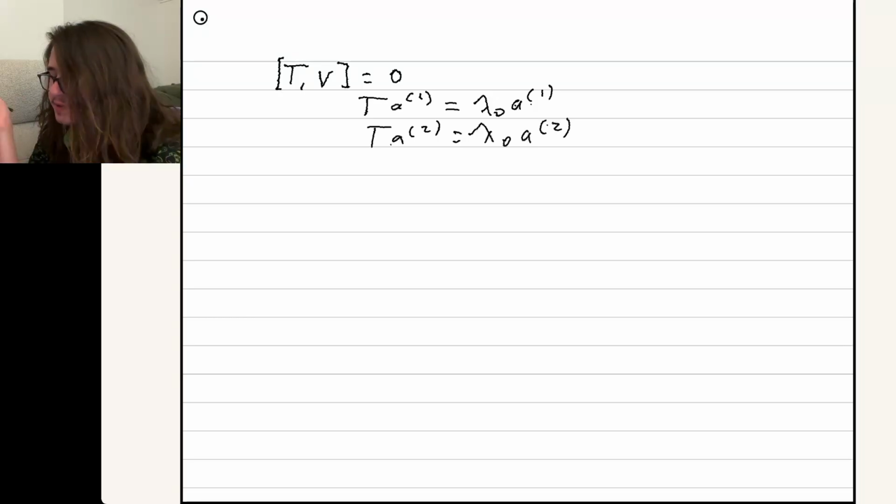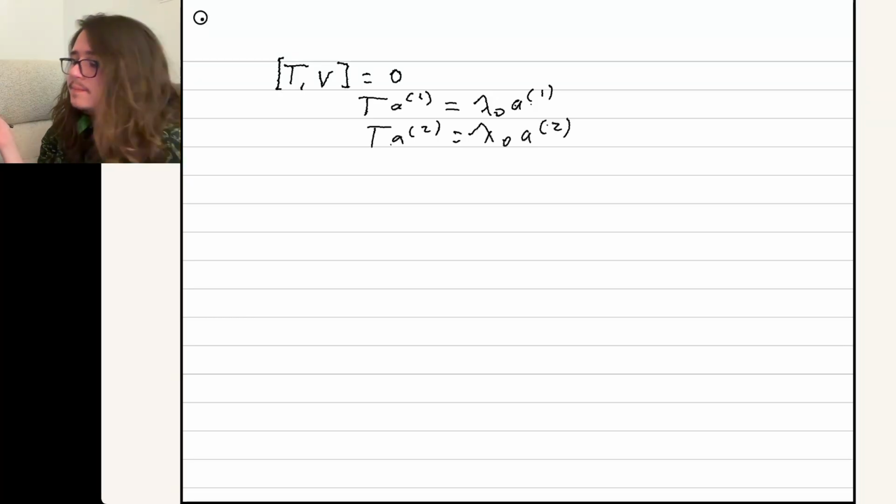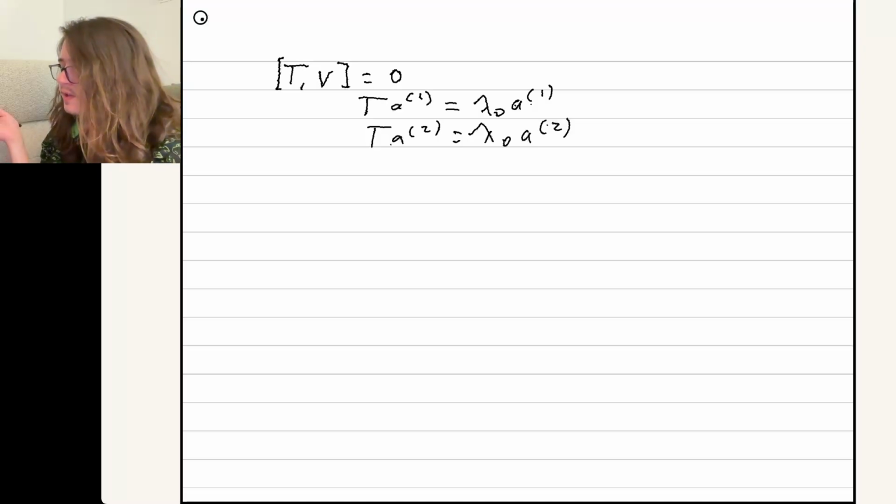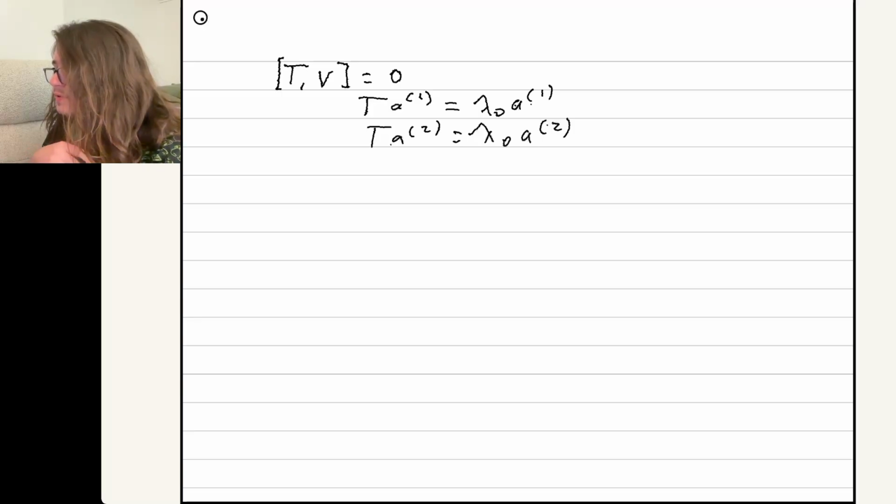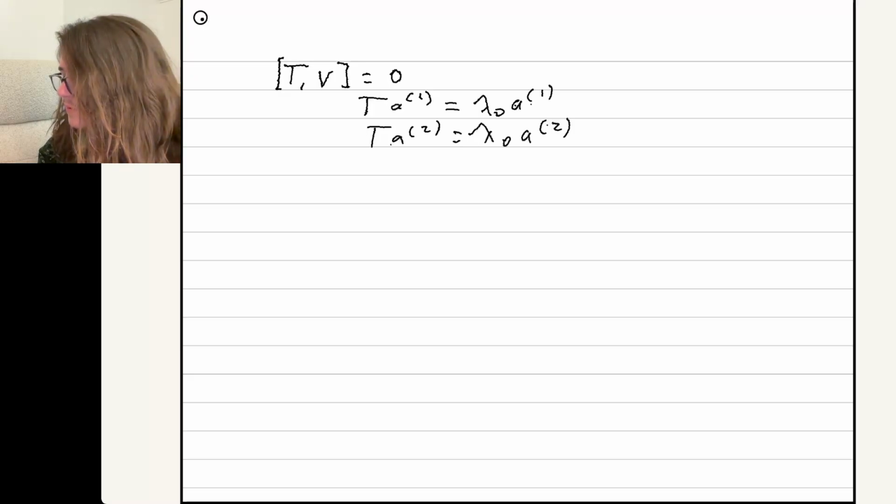So he assumes that there's some degeneracy in T, that it has one eigenvalue that results in a couple of different eigenvectors A1 and A2, and the eigenvalue for it he calls lambda 0.